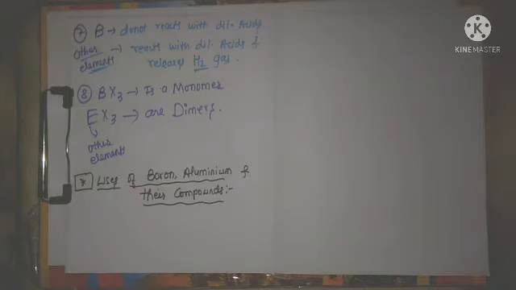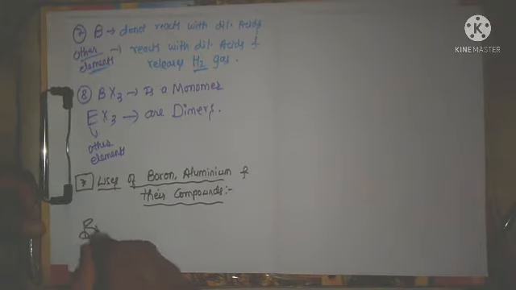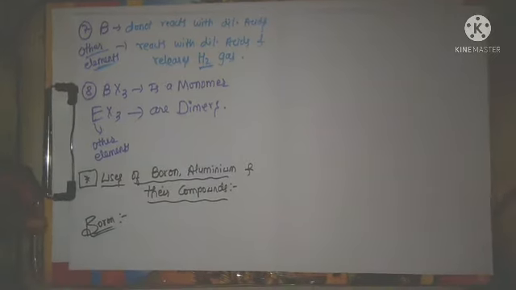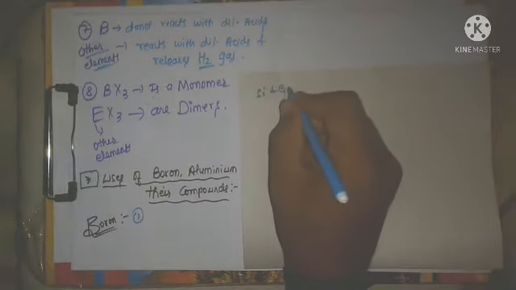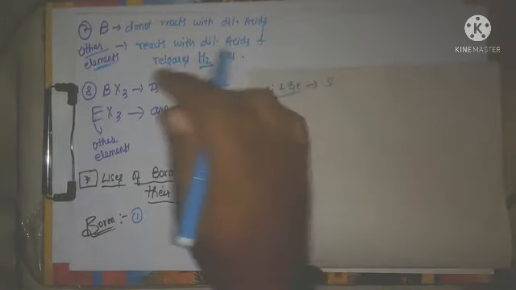We will discuss one by one. First we will discuss the uses of boron and their compounds. Now it is a simple concept. Directly I will write. Just check here. Silicon and germanium are semiconductors.